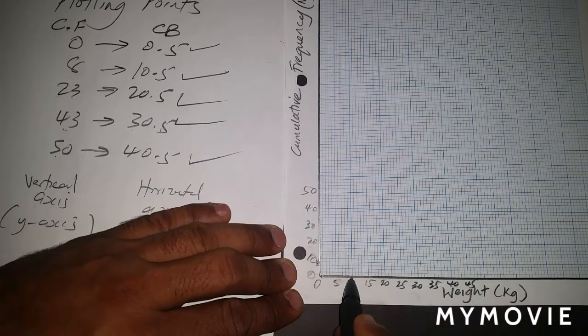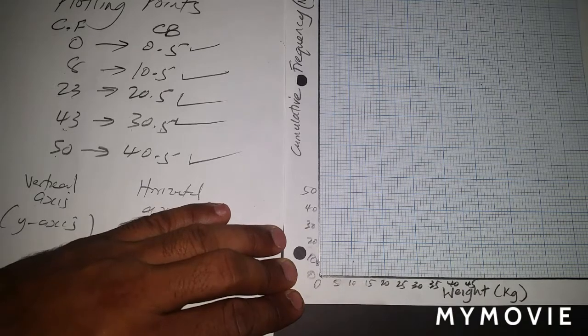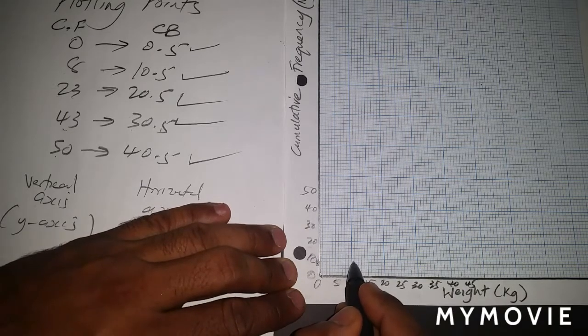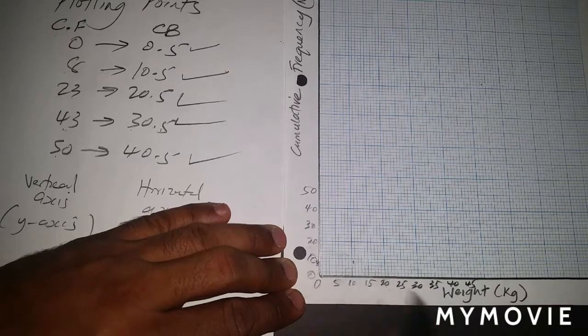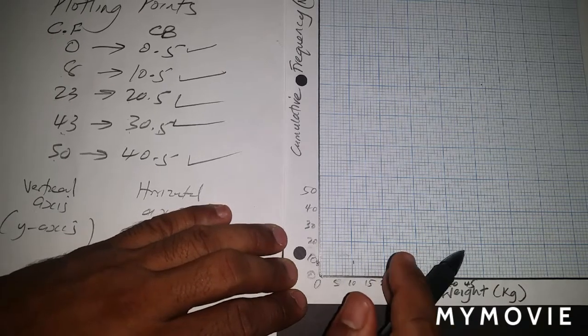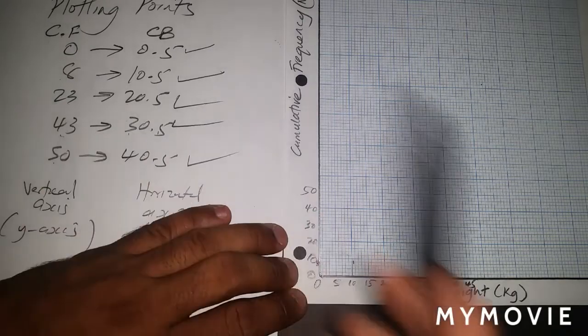Now 10.5 would be between 10 and 11. Remember, it's 10, 11, 12, 13, 14, 15. So 10.5 would be here, and that maps up with 8, so that would be right here. All right? So I hope you're seeing that. You don't need to put extravagant marks and dots, just as long as you're seeing it. But because I want you to see it, I'm putting a little extra mark in it. All right, the next one is 23 to 20.5.